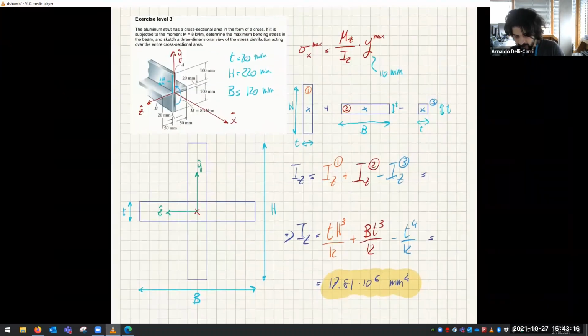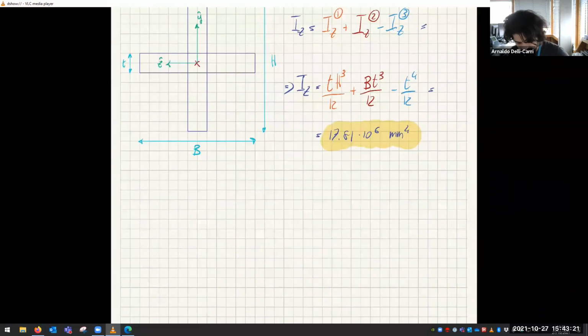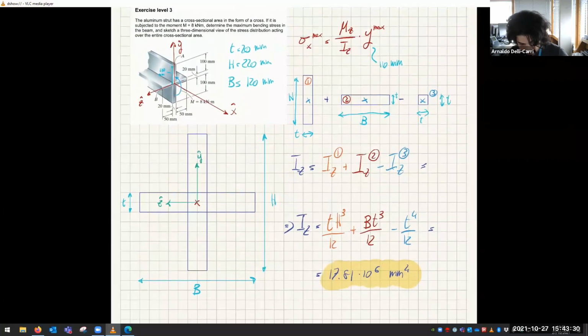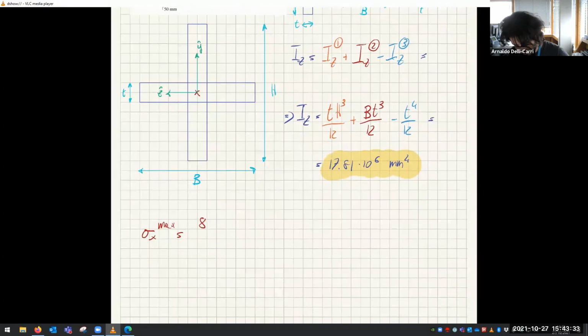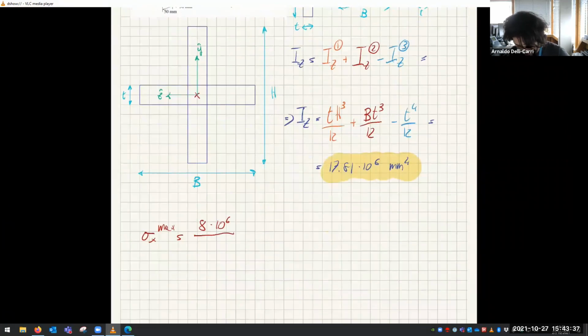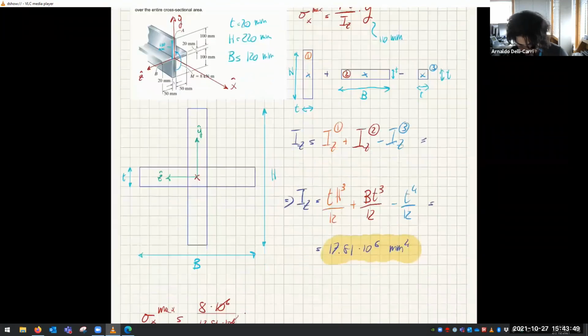And finally, y max is given. Iz I found, Mz I found. So I can just say the sigma max is just Mz, so I said it's 8 kilonewton meters, so it's 8 times 10 to the power of 6 newton millimeters, divided by 17.81 times 10 to the power of 6, these go away very nicely, millimeters to the power of 4, times 110.